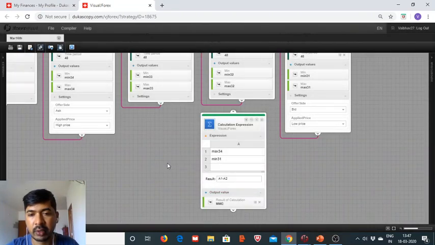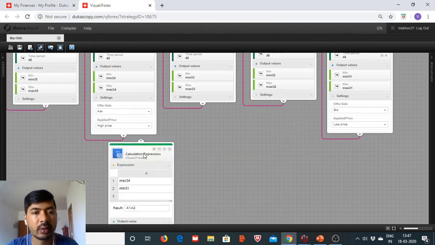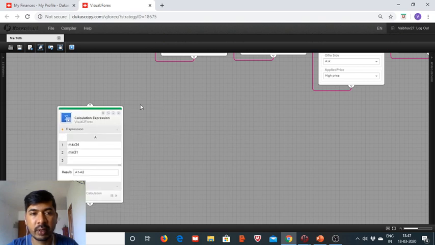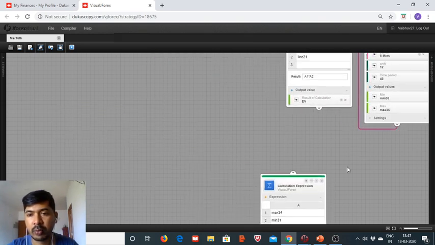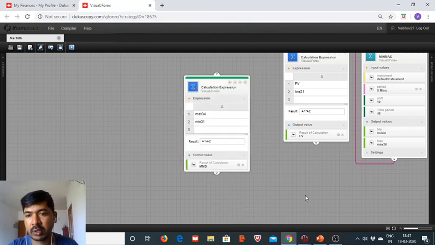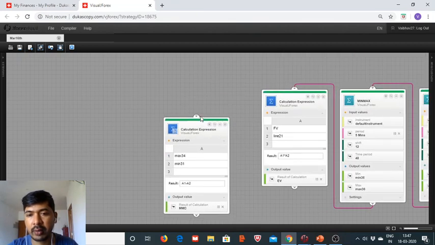Okay, so this is min-max difference, and we will need the min-max difference, MMD, to be greater than the execution value, the EV.